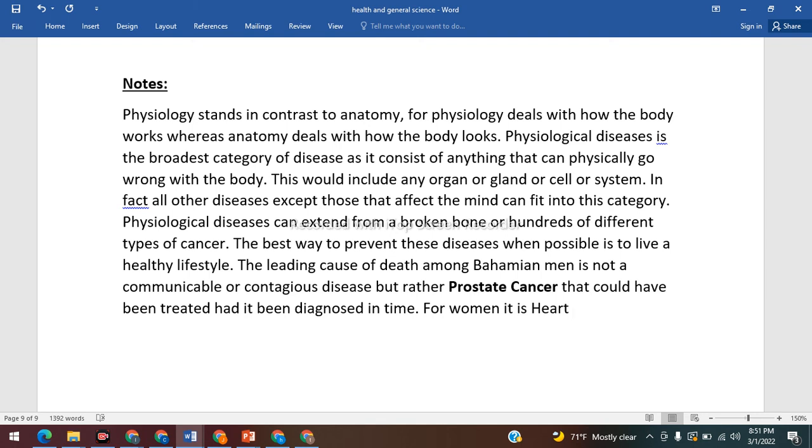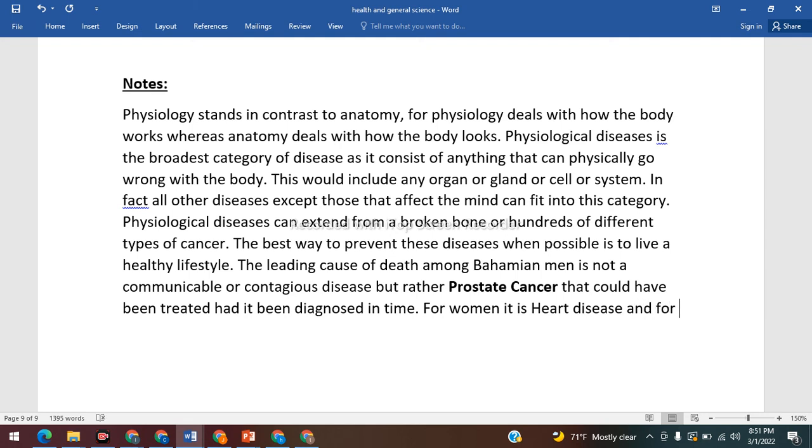Attack, disease, failure? Heart failure, disease, attack. Okay, it's heart what? It's disease. Heart disease.